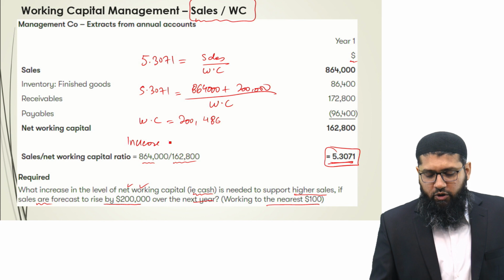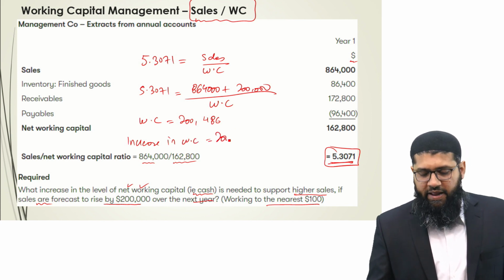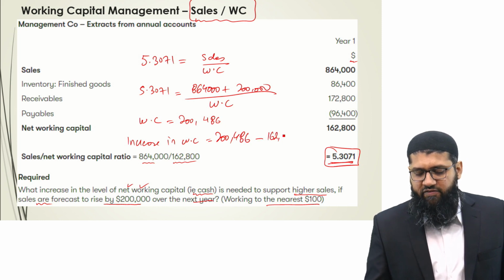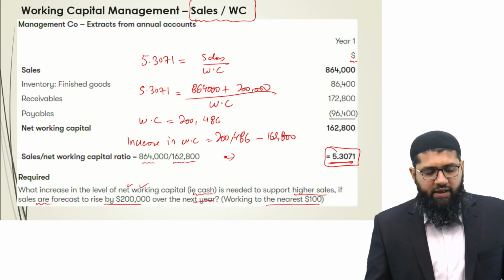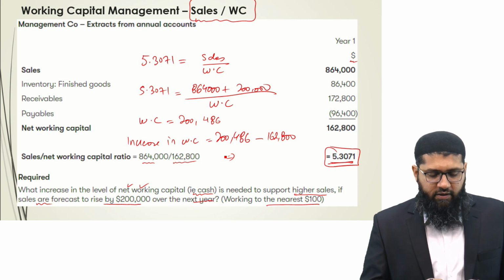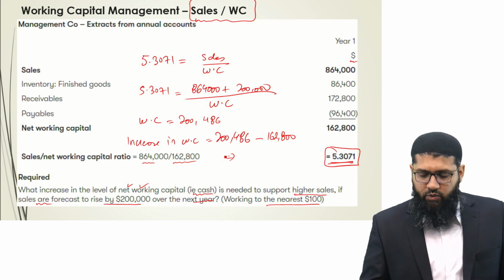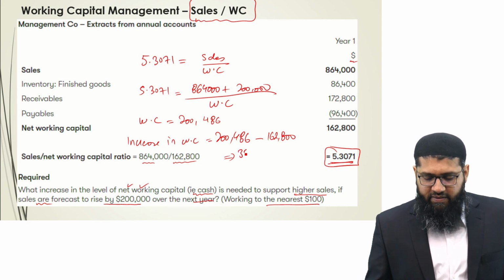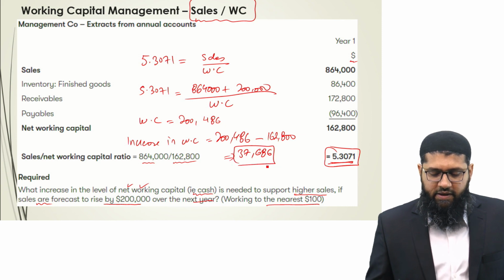So when we talk about the increase in working capital that is needed, you would simply do it like this. You would say 200,486 minus 162,800. Hence, it is going to be 37,686.